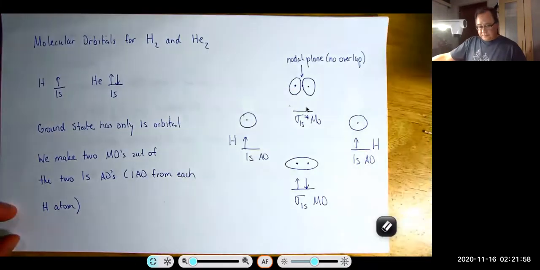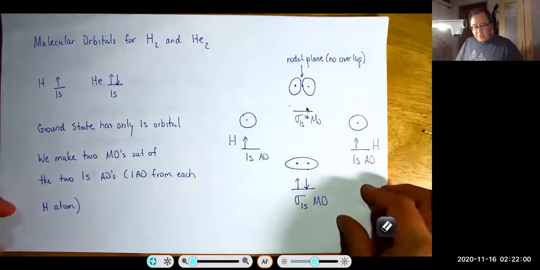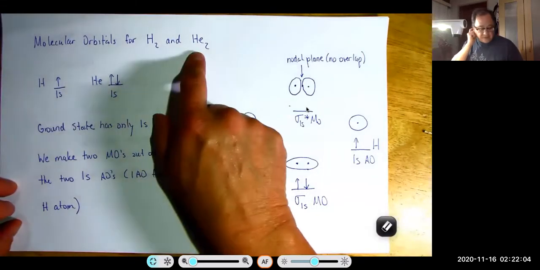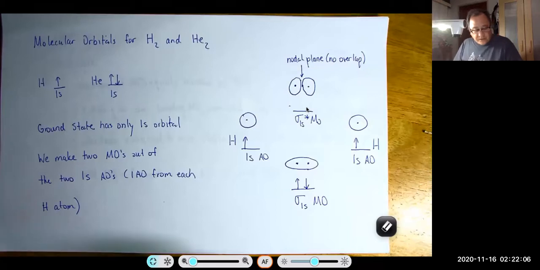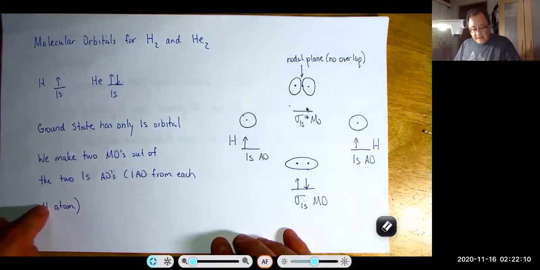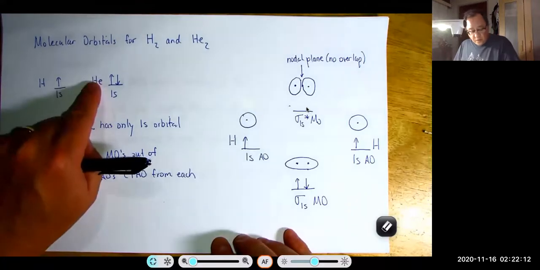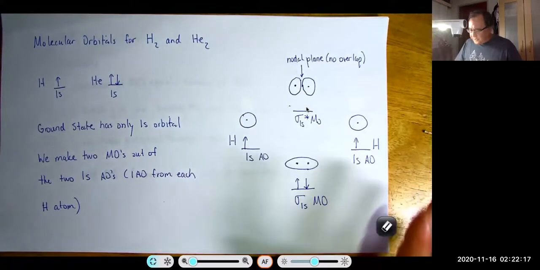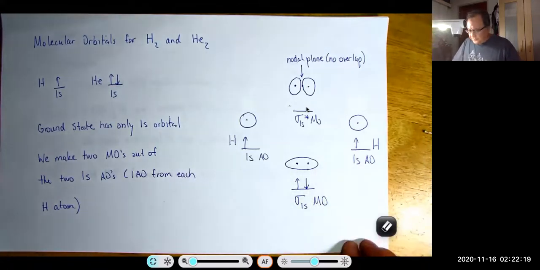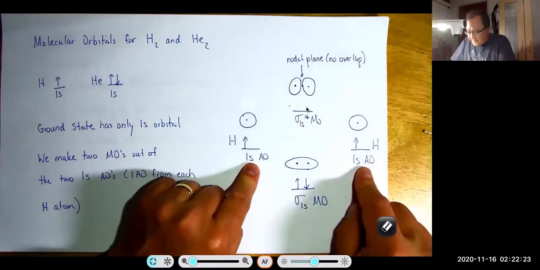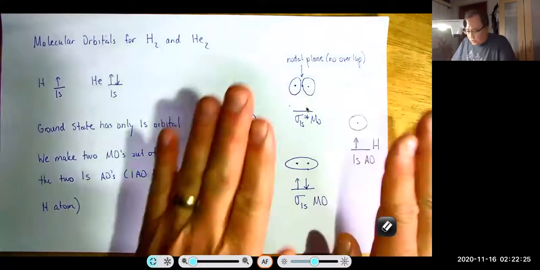So let's look at molecular orbital theory for things like hydrogen and helium. I want to remind you that hydrogen has a 1s orbital with 1 electron in it, and helium has a 1s orbital with 2 electrons in it. Here's the idea with atomic orbitals. You have an atomic orbital from each atom, but we're going to take these and make molecular orbitals.